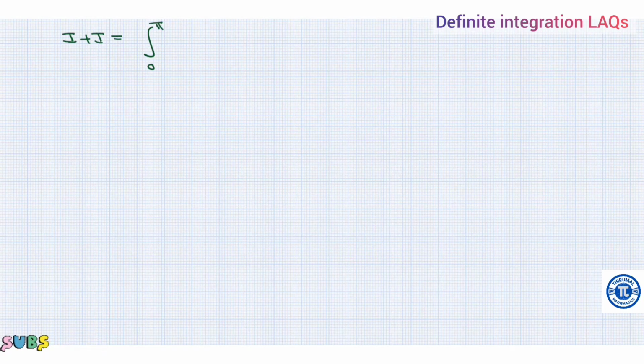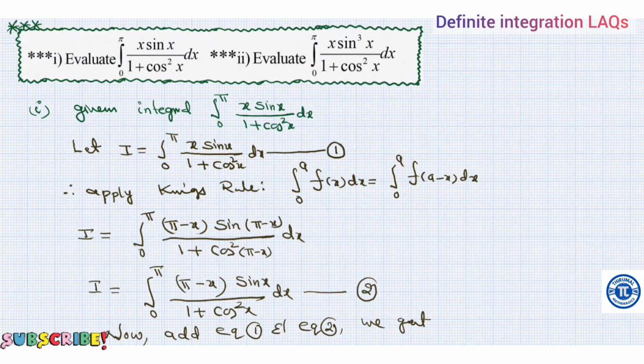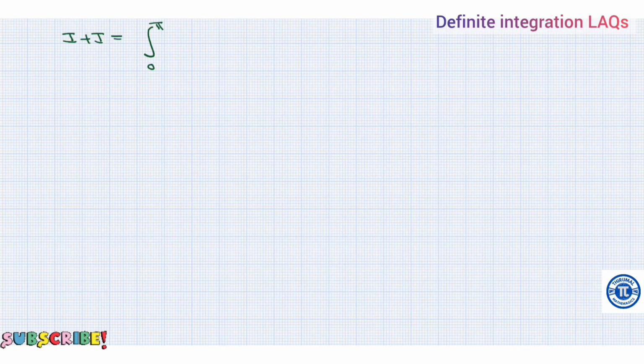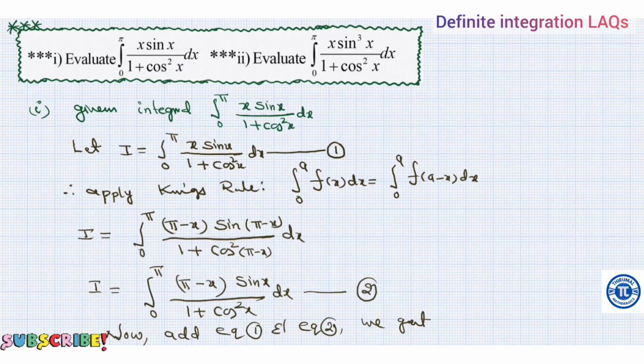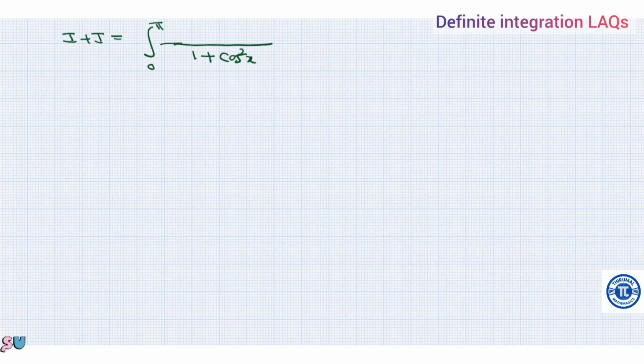The denominator of both equations is the same, so the LCM is 1 plus cos square x. The numerator in the first equation is x sin x, plus in the second equation pi minus x into sin x, dx.